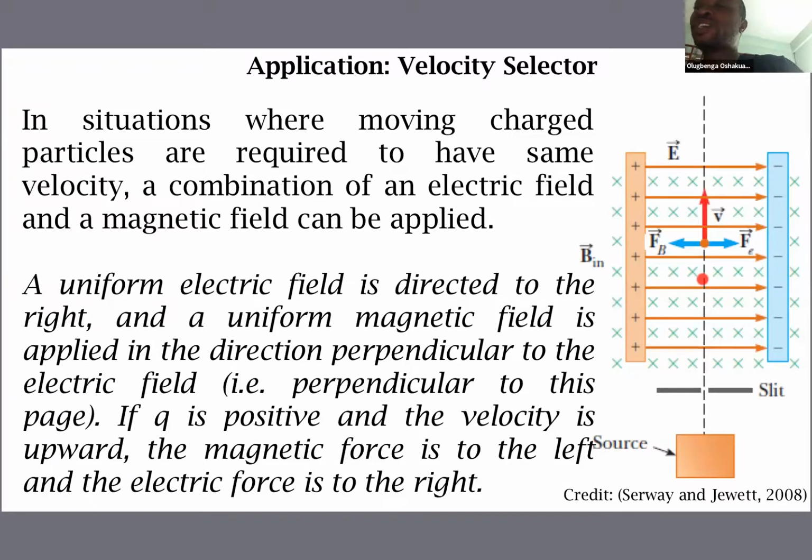Because the magnetic field is applied into your screen and the charged particle is moving upward, the perpendicular way to go is either left or right. For this illustration, it is assumed that the charged particle moves to the left as a result of the magnetic field.